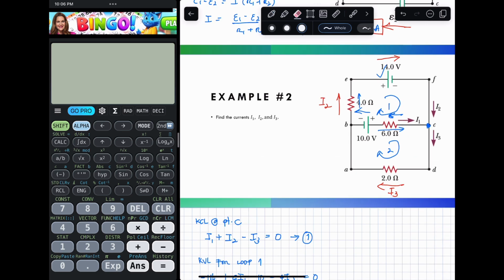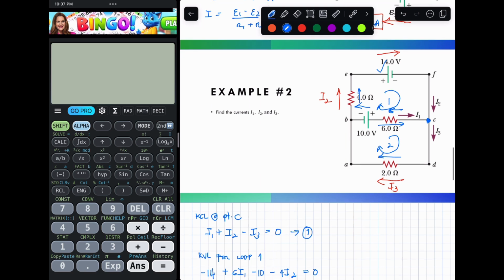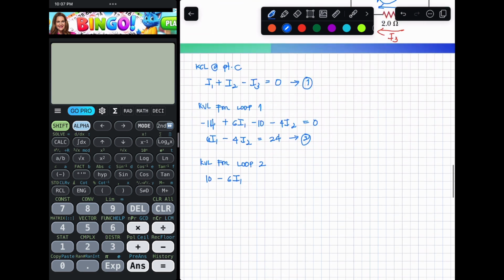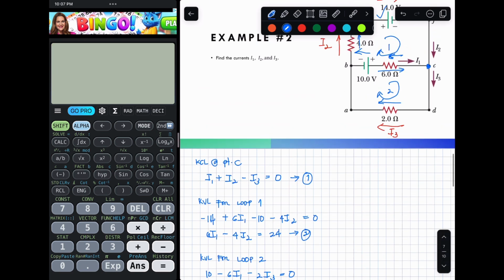And then the loop is clockwise, so it is along, therefore that will become 2I3. Since it is along, it should be minus 2I3 equals 0.